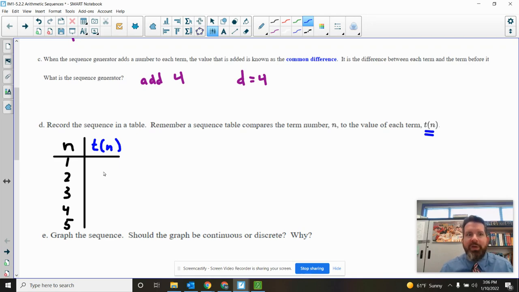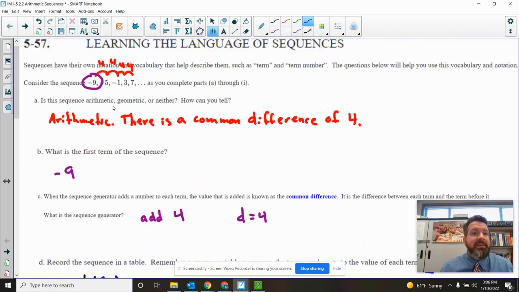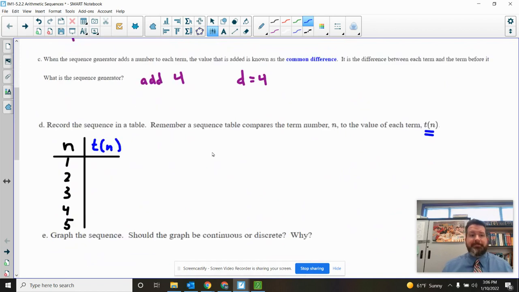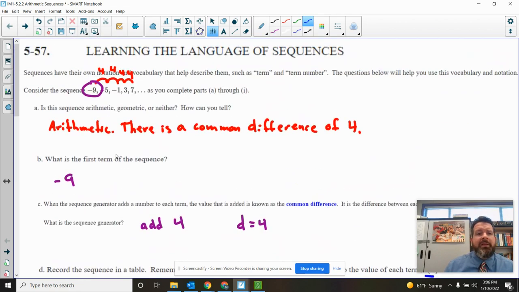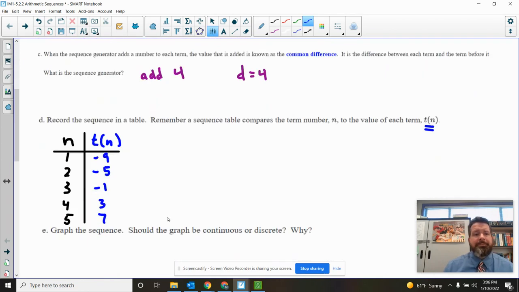That just means, what is the first number in the list? It ended up being -9. The second number in the list was -5, then -1, 3, and 7. So in table form, it's just the same numbers listed top to bottom, but off to the side, you list the number of the terms: first, second, third, fourth, and fifth.